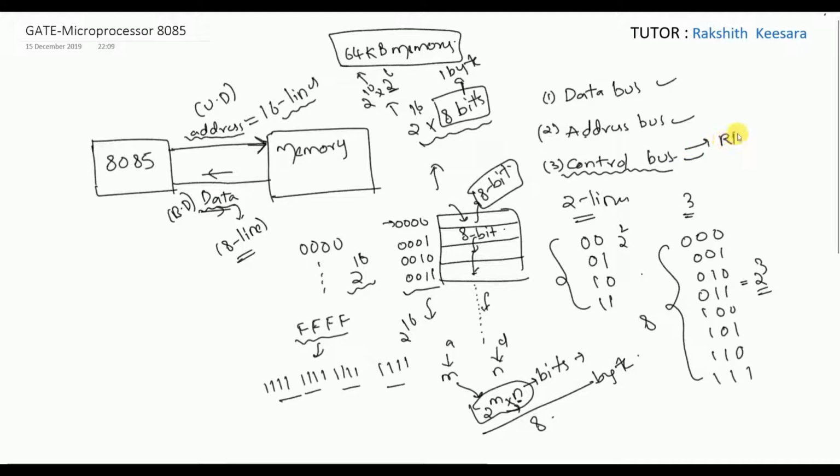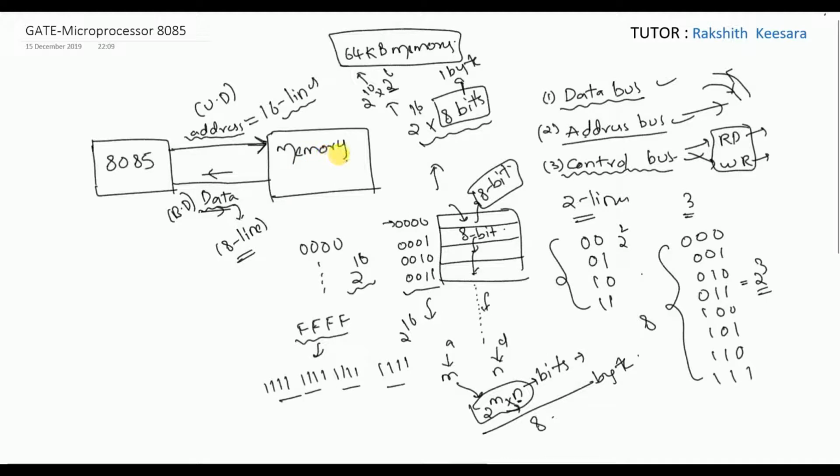So what will the address bus do? It will point to the address. What will the data bus do? It will either send the data into that address or take the data from that address, depending upon the instruction given by the control bus: read the data or write the data. So this is the basic idea of the microprocessor, guys.